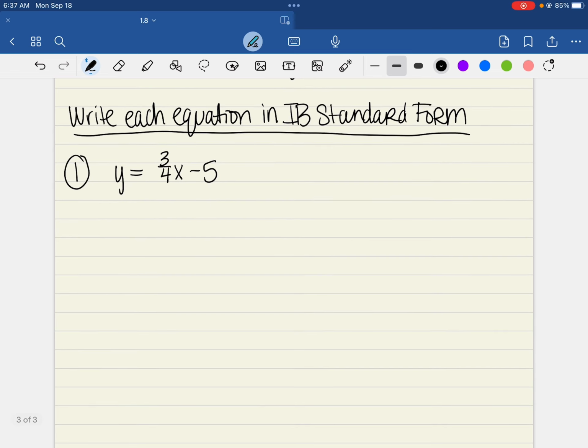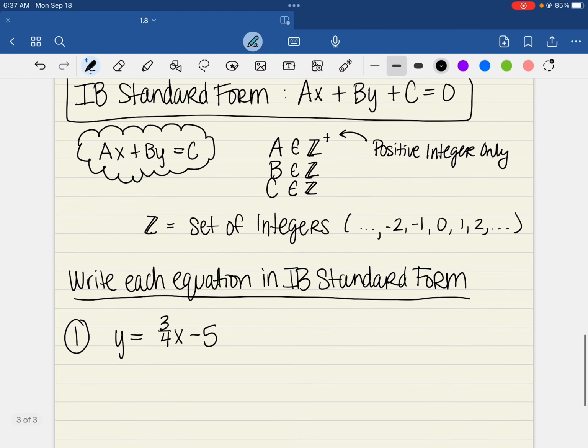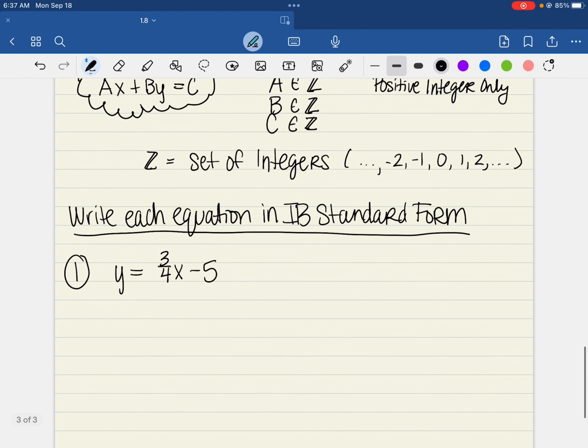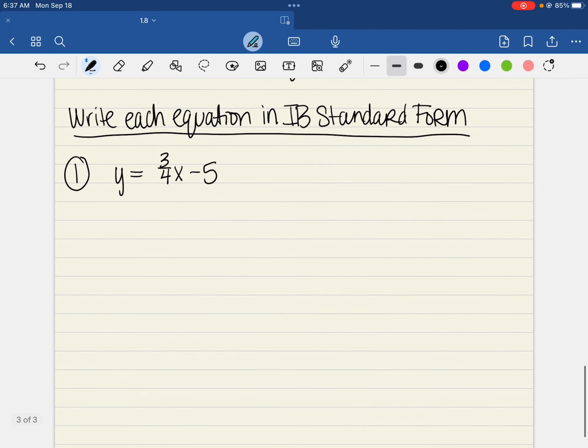Okay, so we want to get everything on one side, and it doesn't really matter which side it is on. It can be equals 0, or it can have 0 equals at the front. Either way, in this scenario, the easiest way would be subtracting y from both sides to get 0 equals. Now when you rewrite it, make sure it's in order.